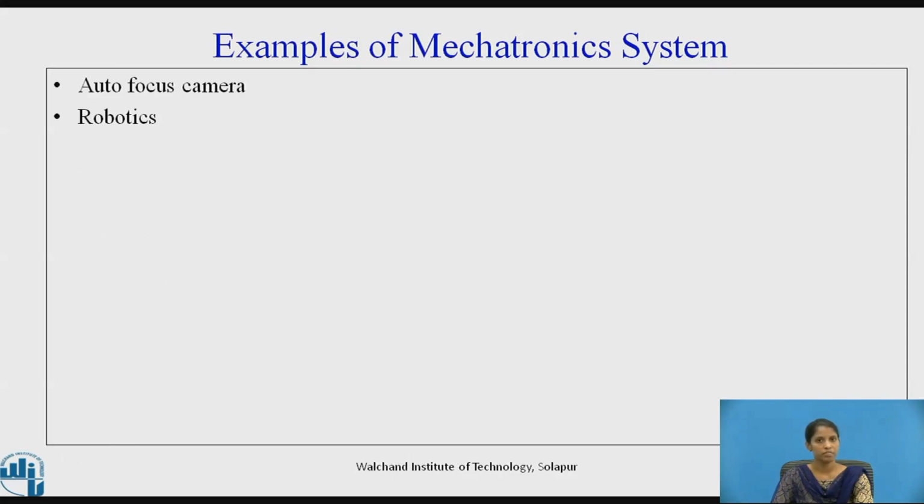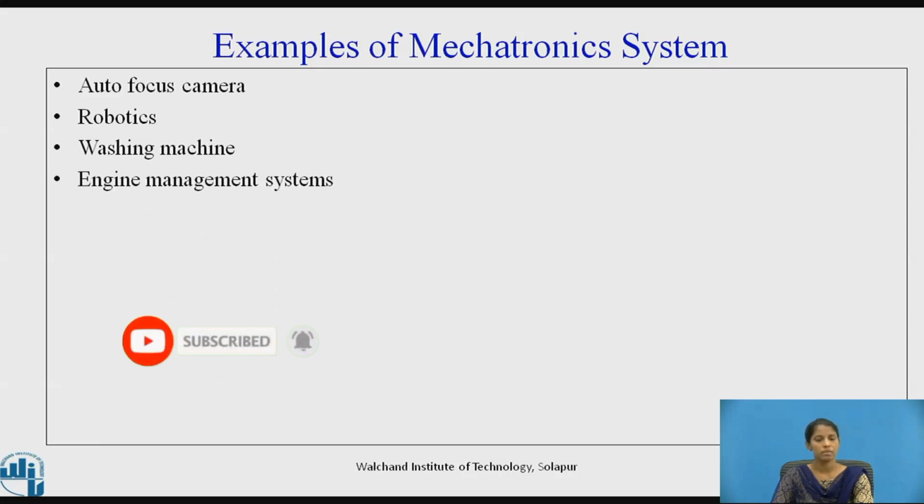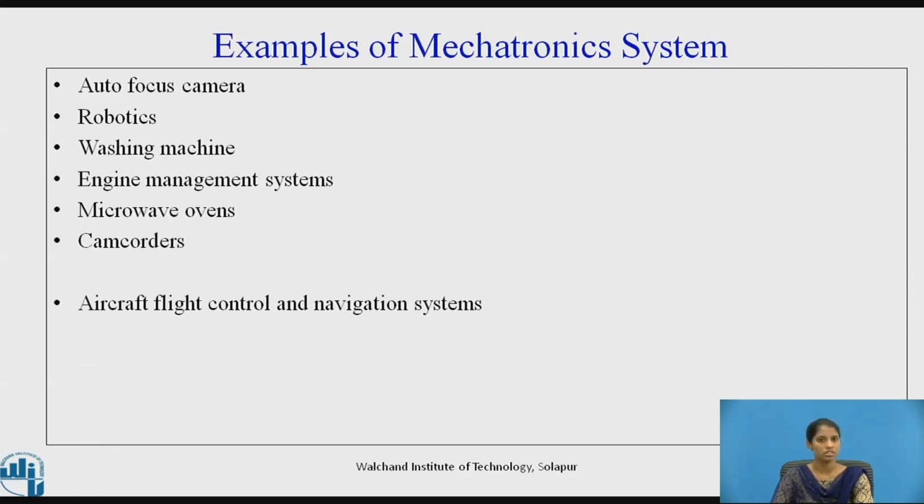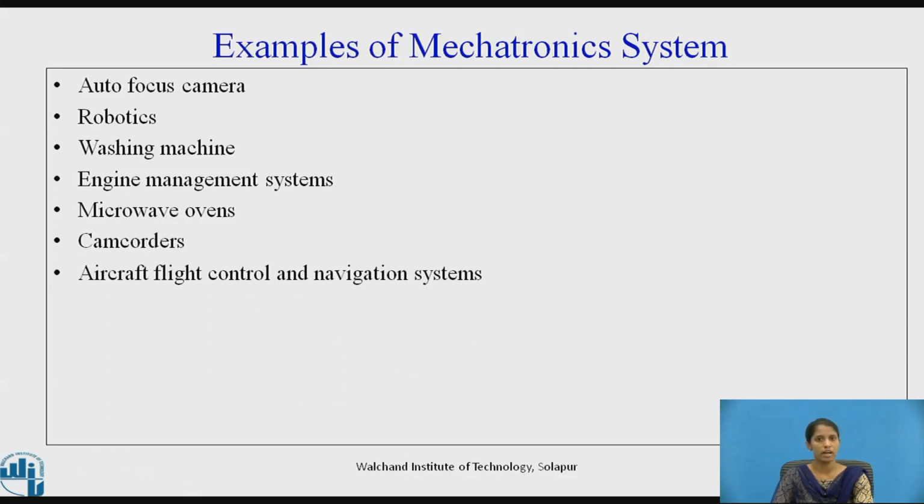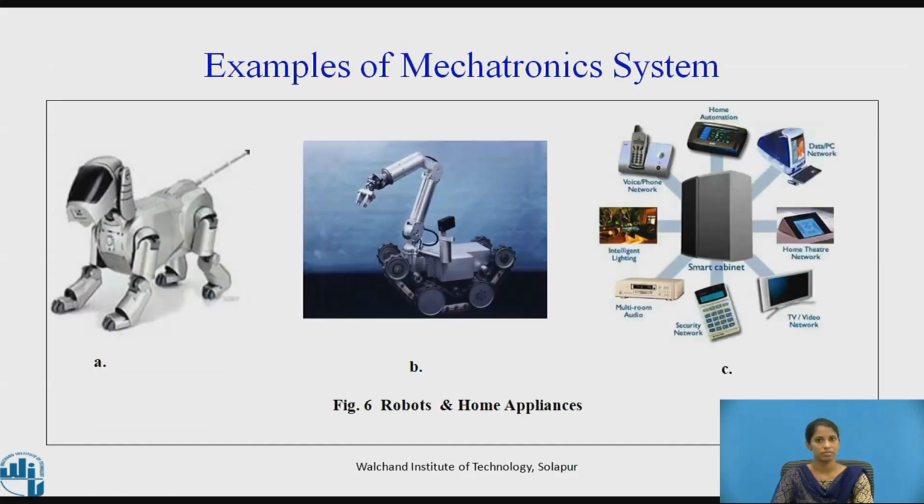Autofocus camera, robotics, washing machine, engine management systems, microwave ovens, camcorders, aircraft flight control and navigation systems, numerically controlled machine tools, photocopiers and barcode readers. So these are the examples of mechatronic systems. Like most of the home appliances, electronic home appliances are made up of mechatronics system, and the various robots.